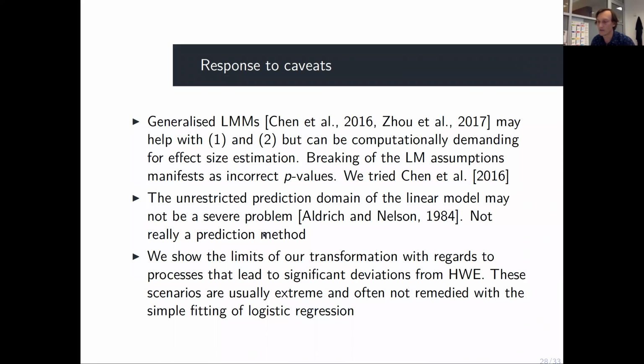But if you were to look at the predictions and there were a lot outside of the 0-1 space, then you might question whether the linear probability model is a good model for your data. And we also show the limits. We do a lot of simulation work to try and break our Hardy-Weinberg equilibrium assumption, and the reader can actually see the space of when things are really going to break down. So hopefully that's satisfying in some sense.